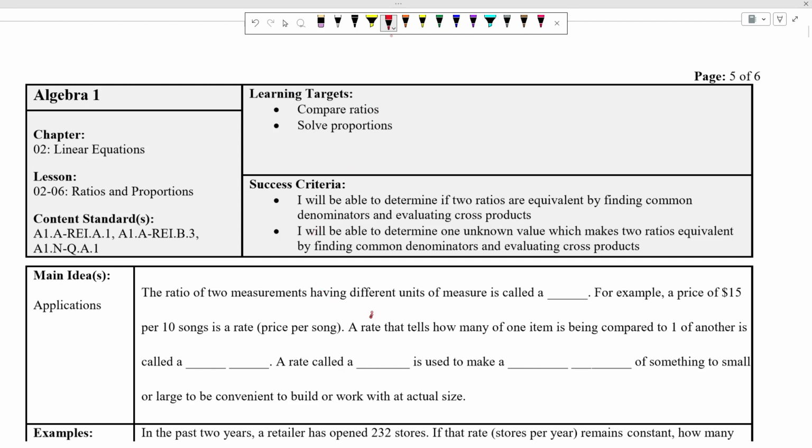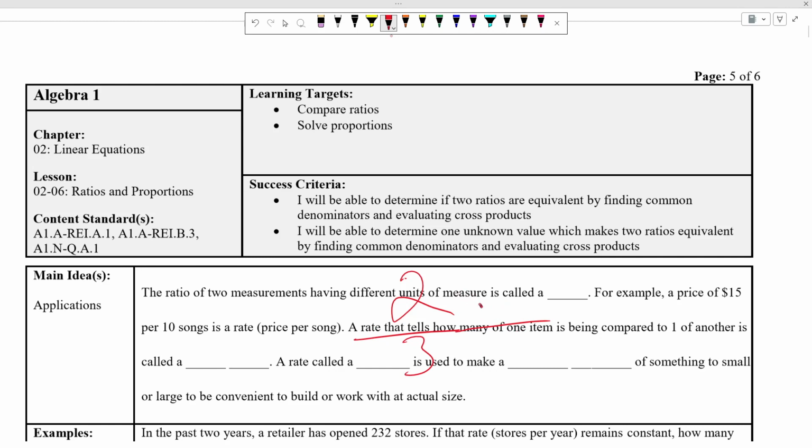So ratios again are two values related to one another. There's a relation between them. Ratios in their most pure sense relate two numbers that are about the same thing.